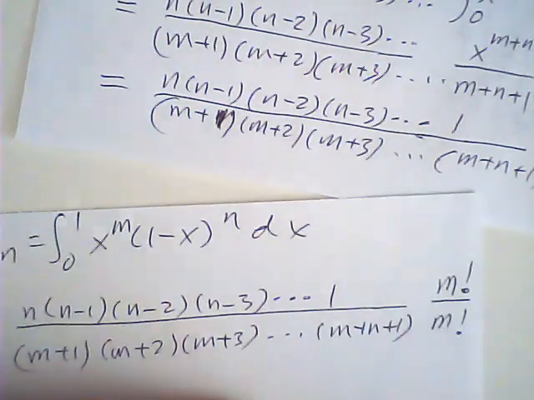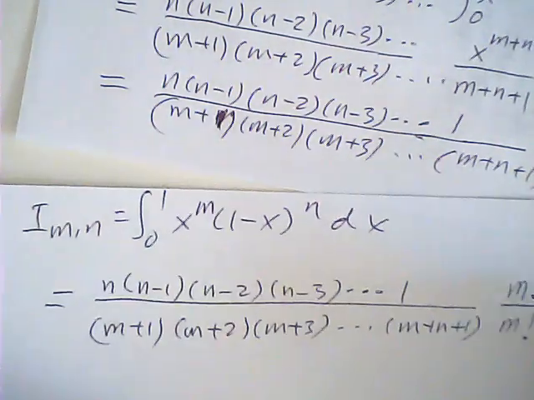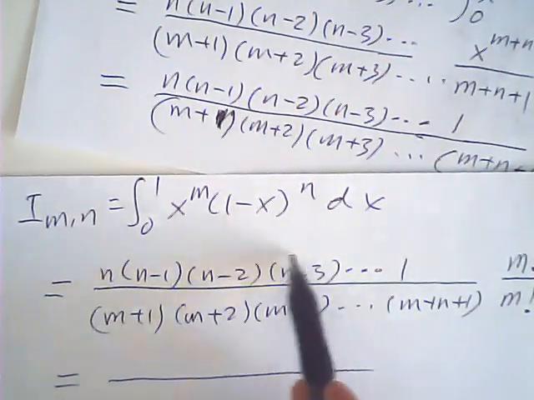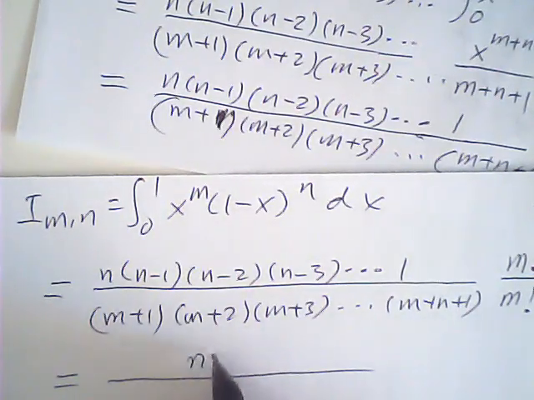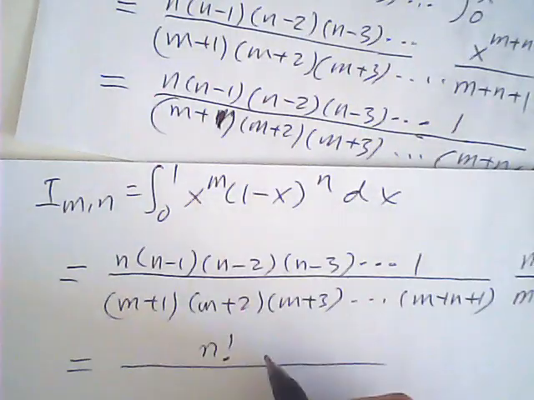Then the numerator is n factorial times m factorial.